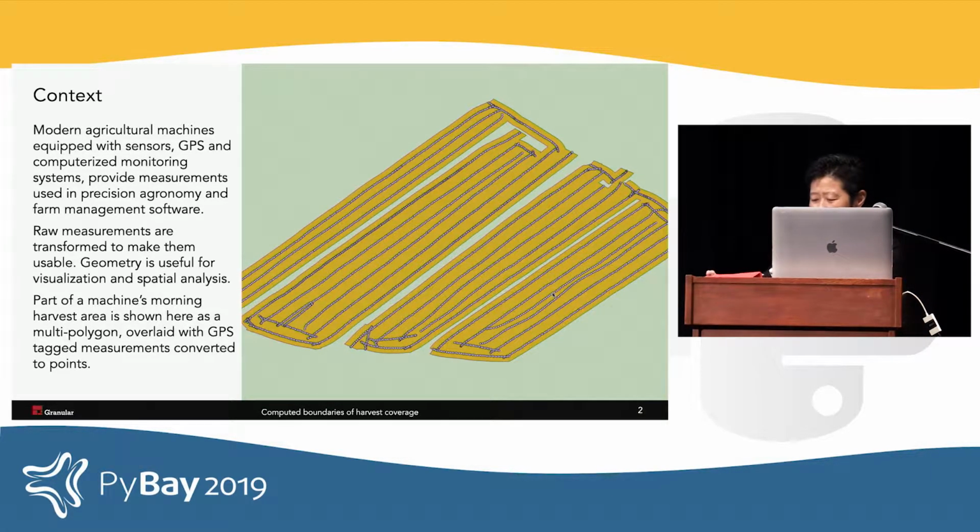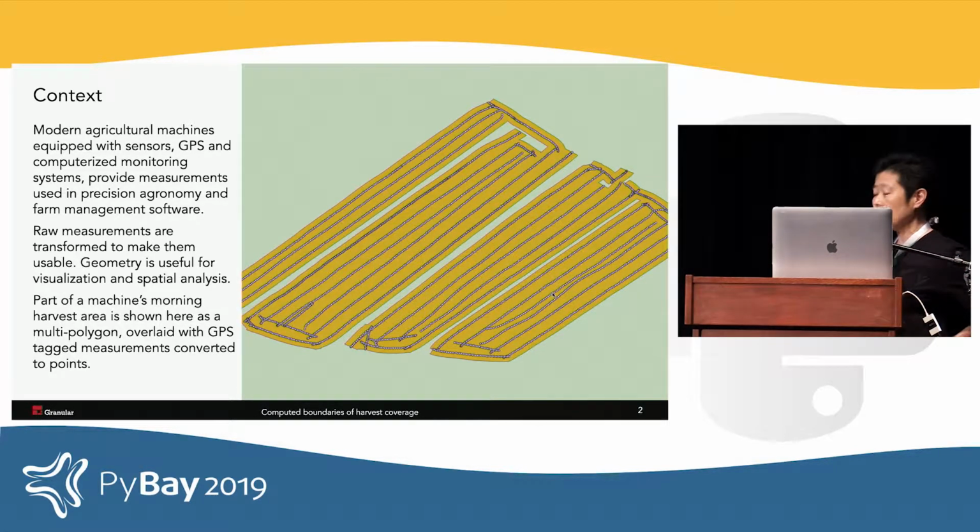So modern agricultural machines are strapped with sensors that provide measurements that need to be transformed to make them usable for analysis. For example, this boundary is fitted around the coverage path of a harvester that's harvesting corn. It's tightly fitted, so the points here show you the actual path of the GPS coordinate measurements.